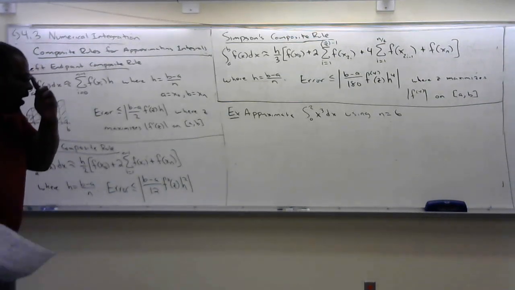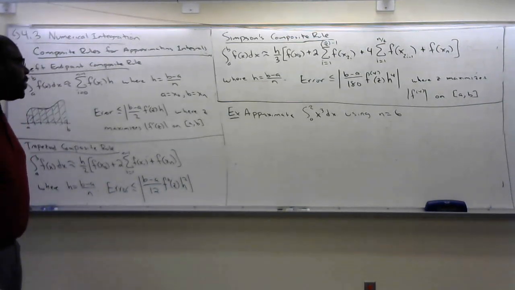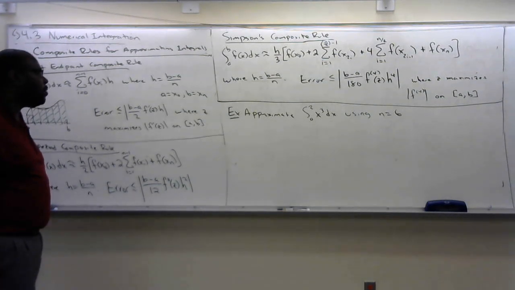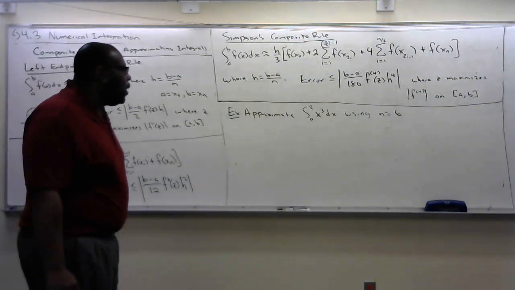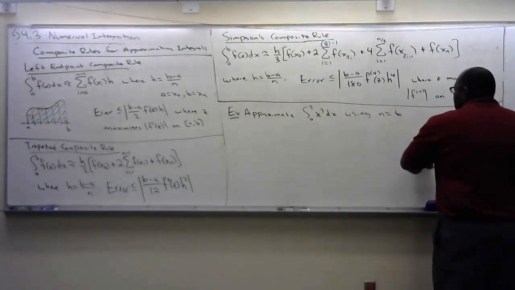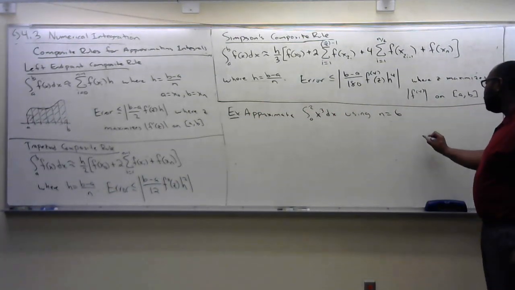We're going to use the left endpoint approximation, the trapezoid approximation, and Simpson's 1/3 rule. Here, n equals 6 means that we're going to make 6 sub-intervals.